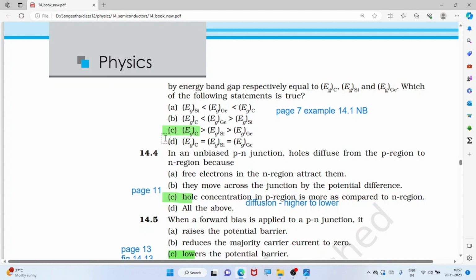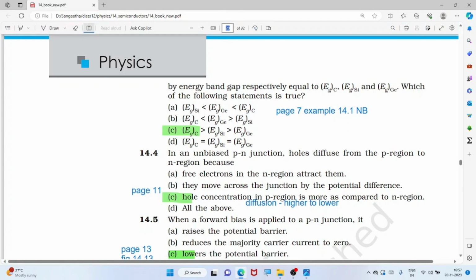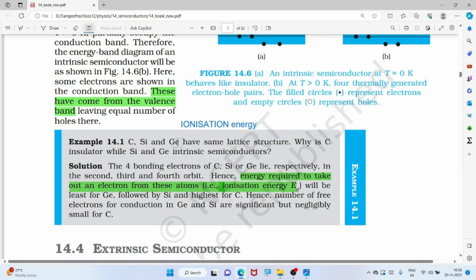So the energy required to take out the electrons will be more for carbon and very little for germanium. I already explained this in this example, page 7. See here, I already gave this example.